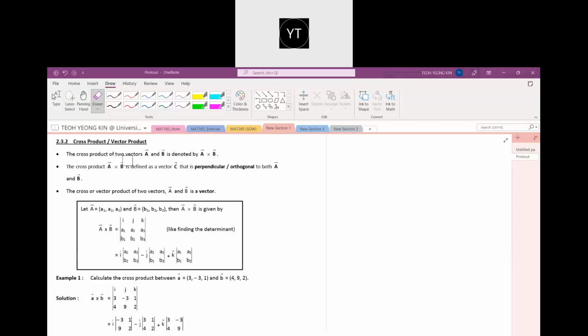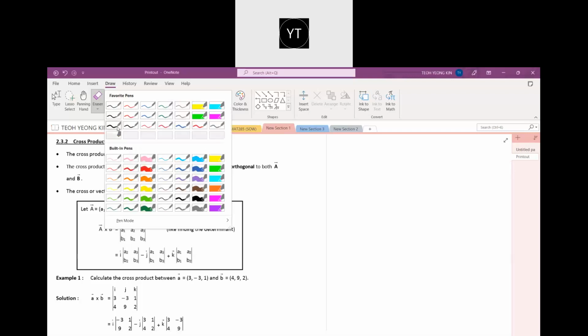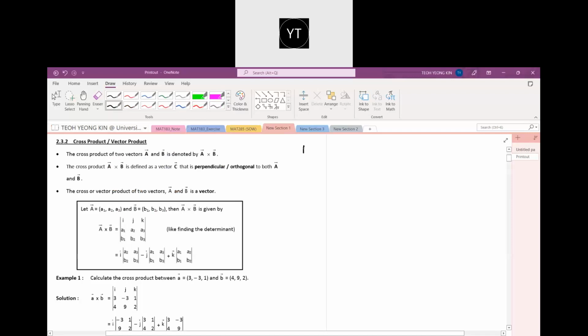So the cross product of two vectors, let's say vector A and vector B, is denoted by this symbol. Before this, we looked at the dot product. If it is the dot product, the symbol will be a dot between vector A and vector B. This is the dot product.